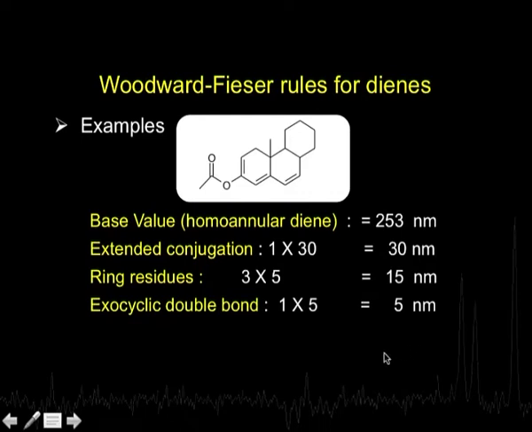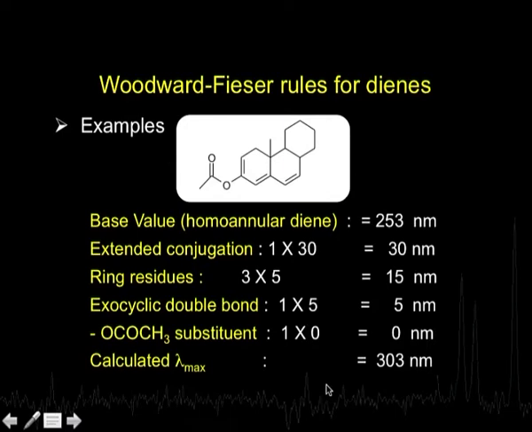Then we have one more substitution on this particular chromophore, and incidentally this substituent does not contribute anything, the contribution is 0 nanometer. So, for this system, our predicted or calculated value comes out to be about 303 nanometers, and the observed value happens to be 306 nanometers, which is in good agreement again.